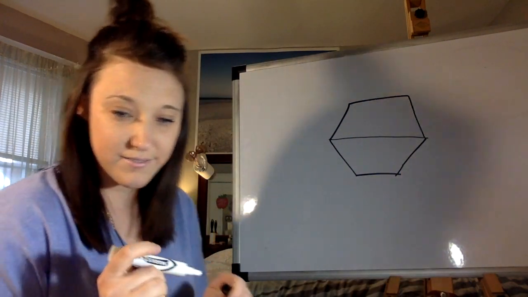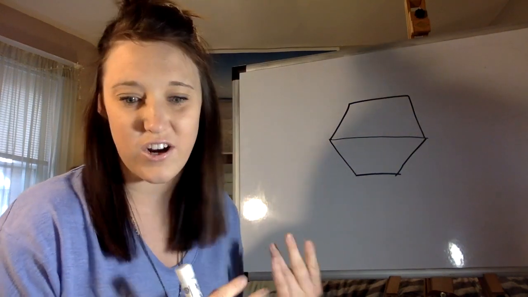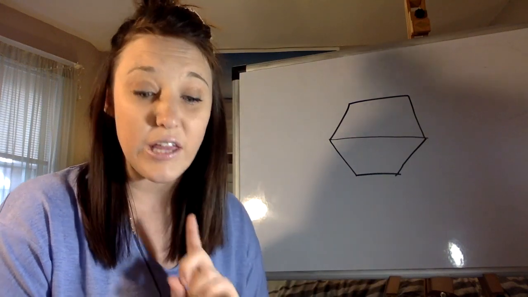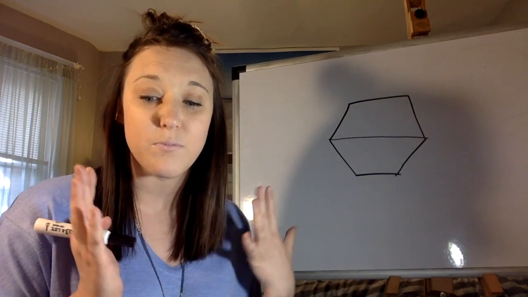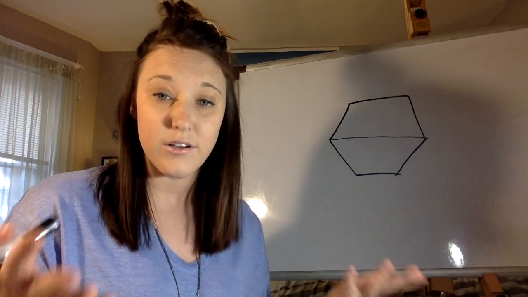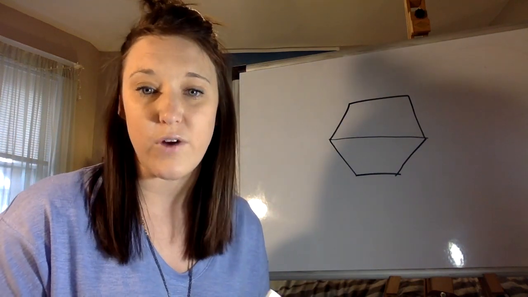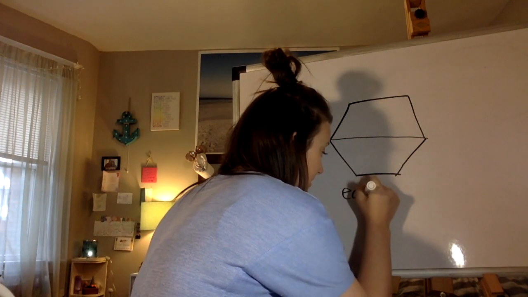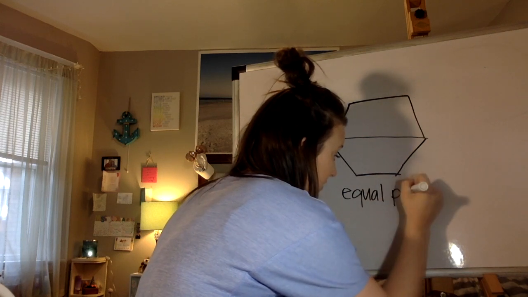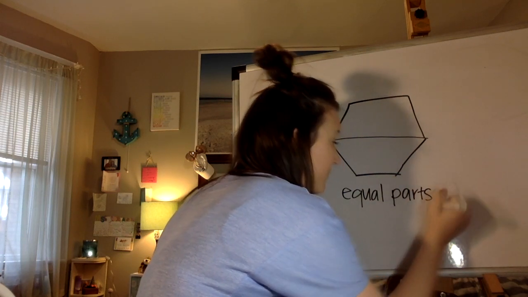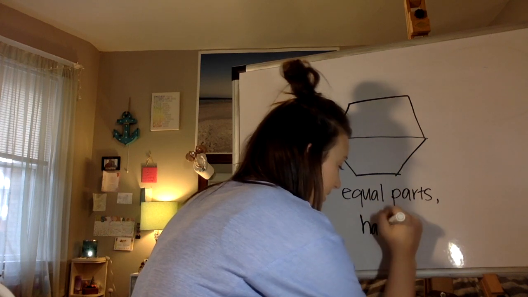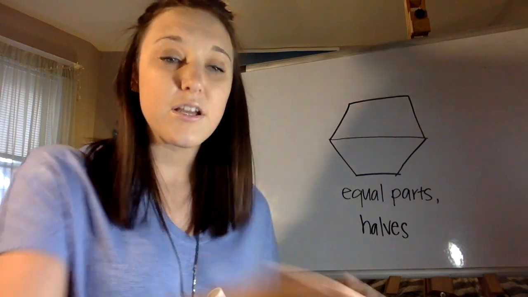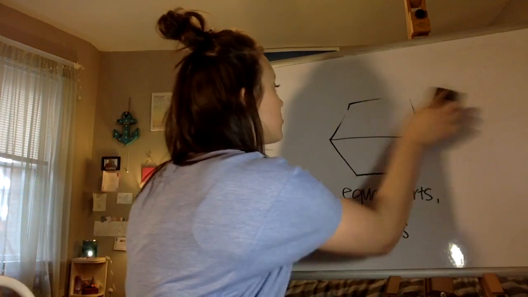Now, mine isn't the most equally drawn, but the one in your book is. So this hexagon would be split into equal parts, and since it's split into 2 equal parts, we're also going to write the word halves. So it's split into equal parts and it's also split into halves.